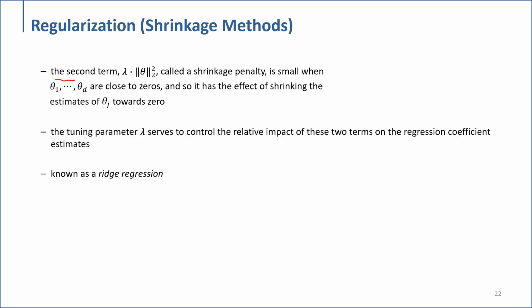The second term that we have introduced for the regularization is also called a shrinkage penalty. It is small when theta is close to 0, so it has the effect of shrinking the estimates of theta towards 0.